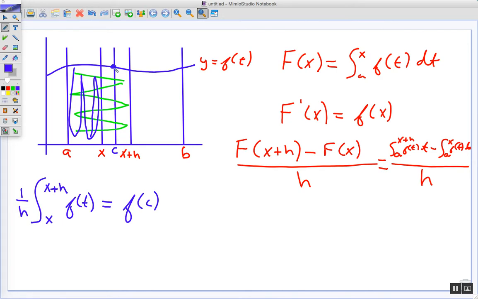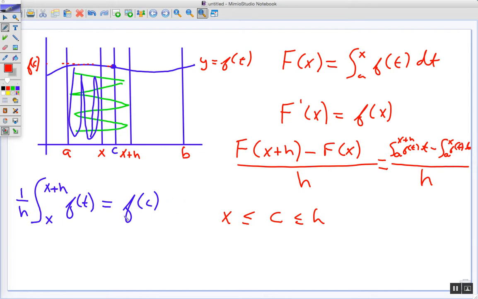So f of c is going to be somewhere about there. If we look at our graph, we can see that c is between x and x plus h. So that inequality is always going to hold true.